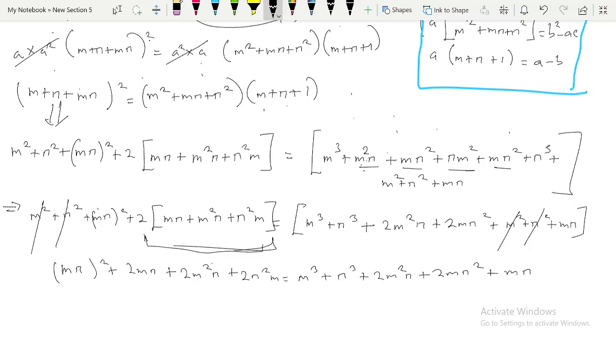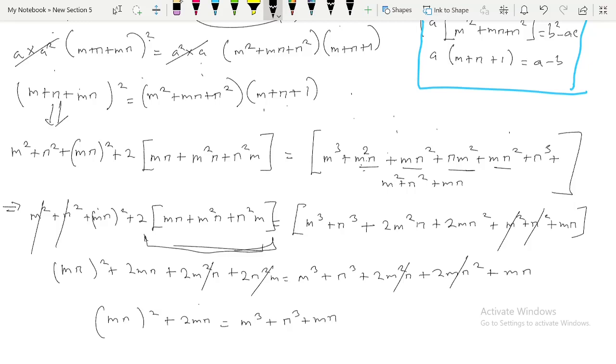You see, 2m square n, 2m square n, 2n square m, 2n square m, remaining mn squared plus 2mn equals m cube plus n cube plus mn.